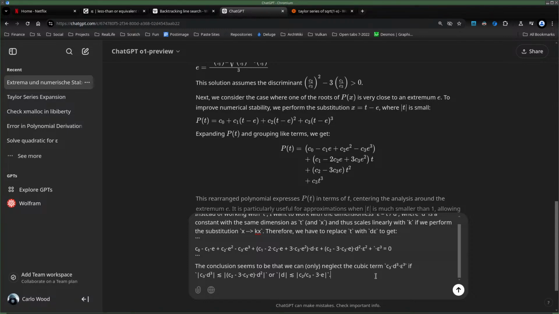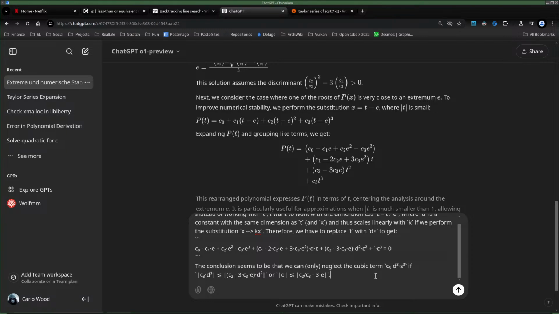Yeah. Well, that could be problematic then. If 3e equals c2 divided by c3, or is in the neighborhood of that, then the right hand side becomes arbitrarily small.